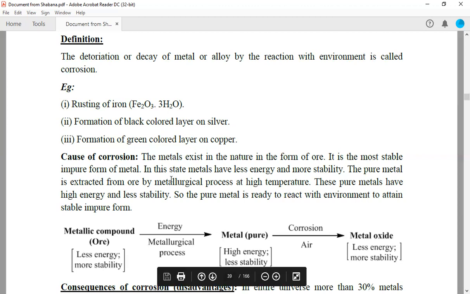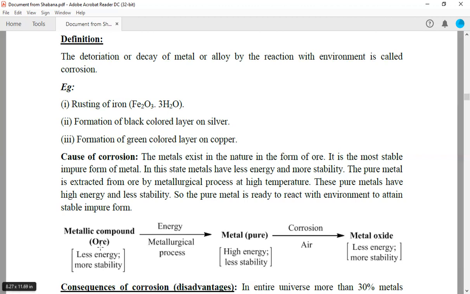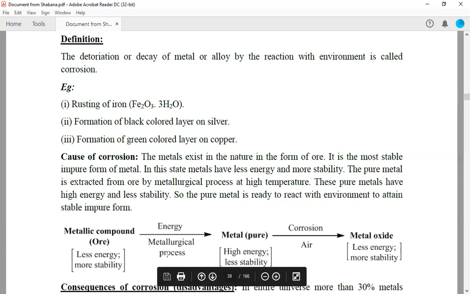Finally, I want to conclude that the metallic compound in the ore form exists in nature in a more stable form with less energy. In this stage, the metal has less energy.